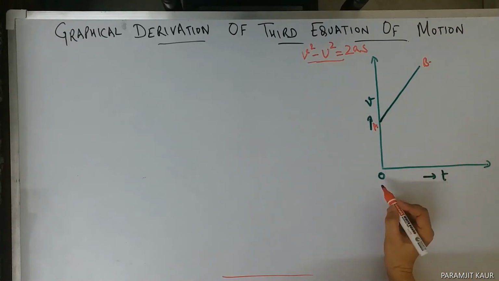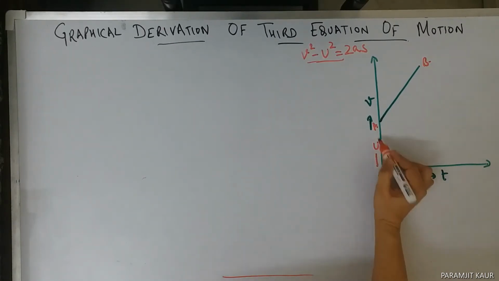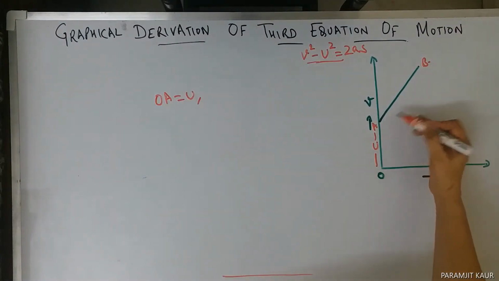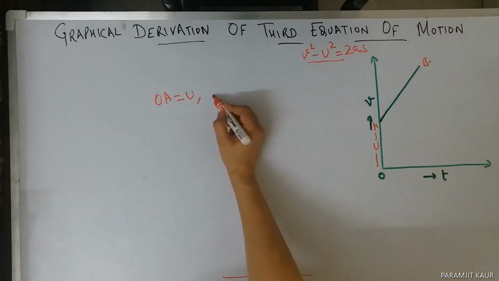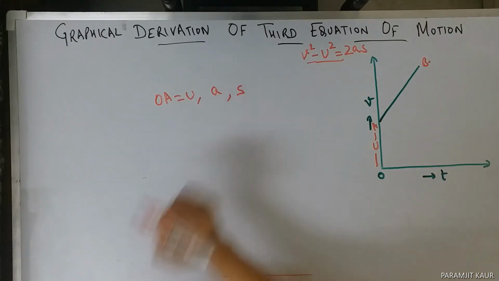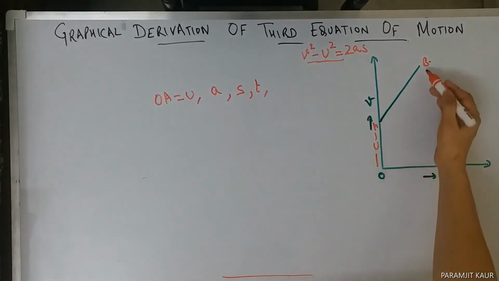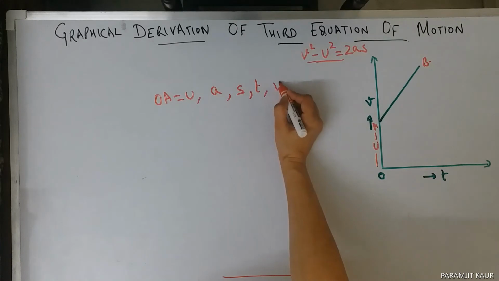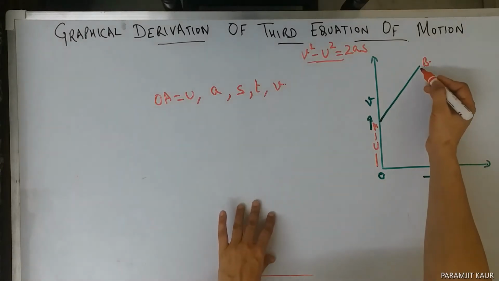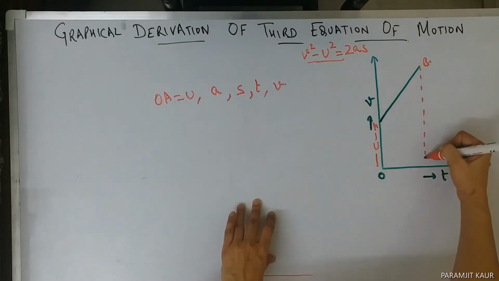Since it is the initial point, let me consider that at point A the initial velocity be U, such that OA equal to U. The body undergoes uniform acceleration A from A to B, covering distance S in time T. When it reaches the final point B, it acquires a final velocity V. If I want to find out the time corresponding to the final point, I'll have to drop a perpendicular from here.